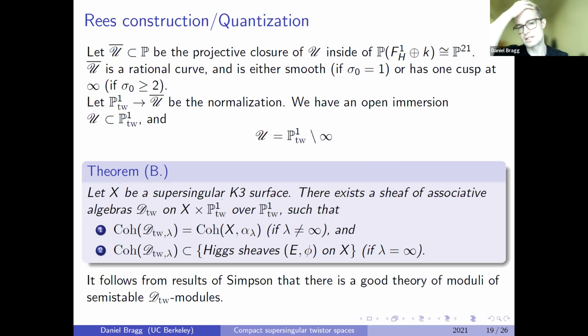This gives you a candidate for some construction that should compactify the families. You could take a moduli space of, now instead of alpha twisted sheaves for this universal alpha, a relative moduli space of D modules on X cross P1 over P1.